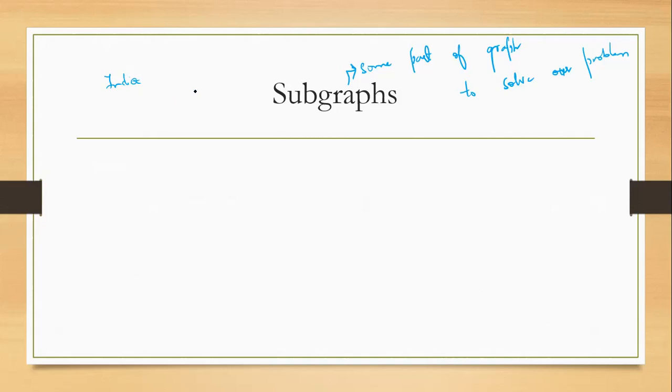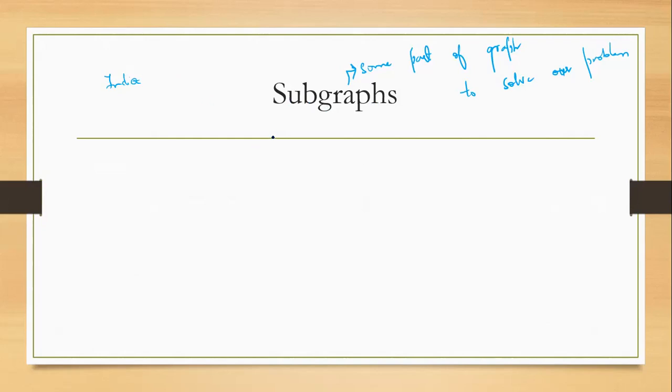The condition is that you don't need the entire network, you only need the network of our state. So in that case, you consider some part of the graph instead of the entire graph. That is known as a subgraph.